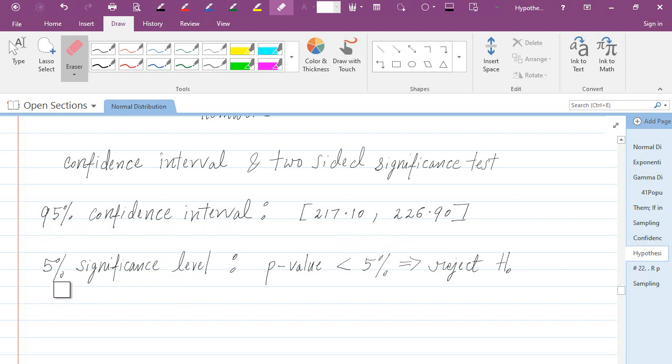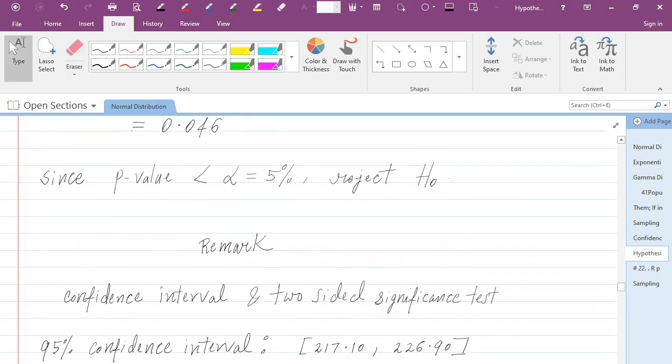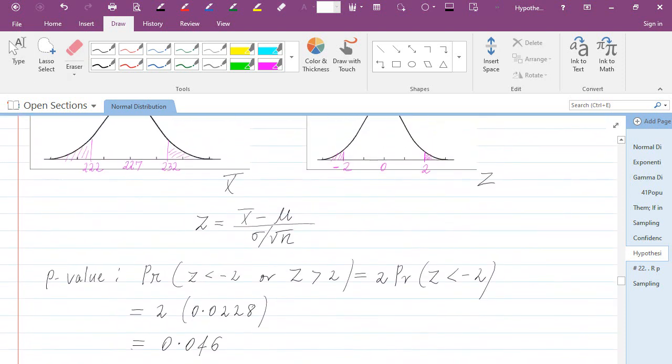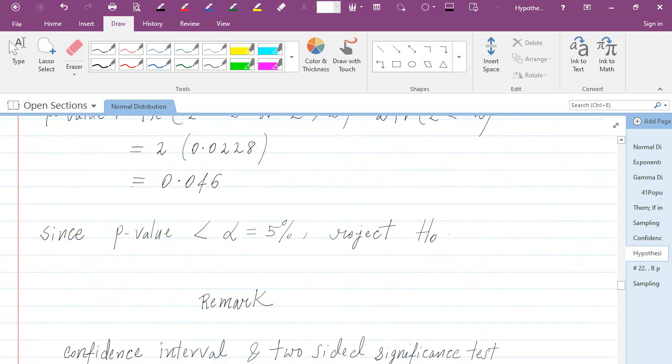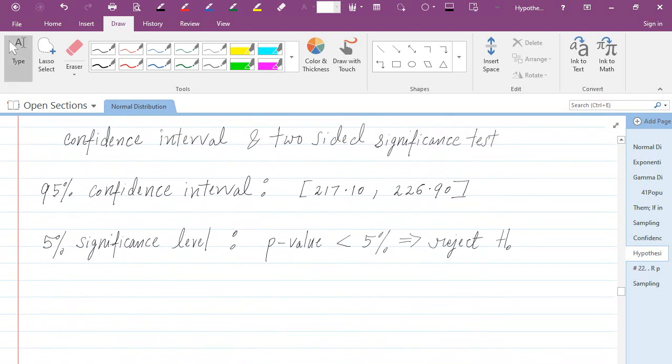Now, if we change the significance level to, let's say, 1%, then we're going to have to calculate a 99% confidence interval to do an equivalent test. So all I'm saying is that the test that we just did using significance level 5%, we could have done by using a 95% confidence interval.